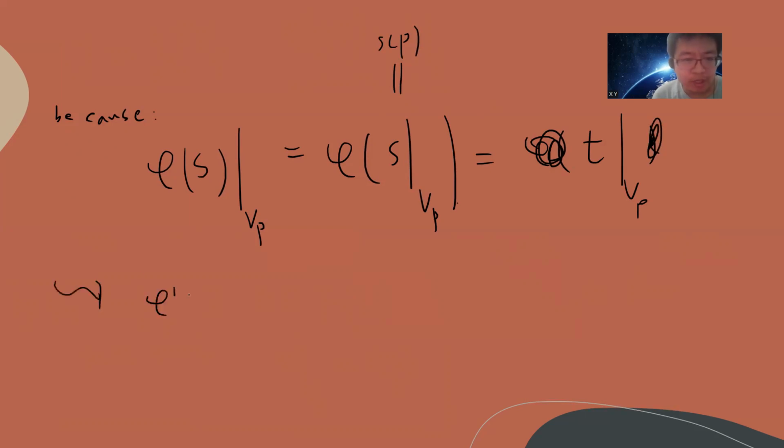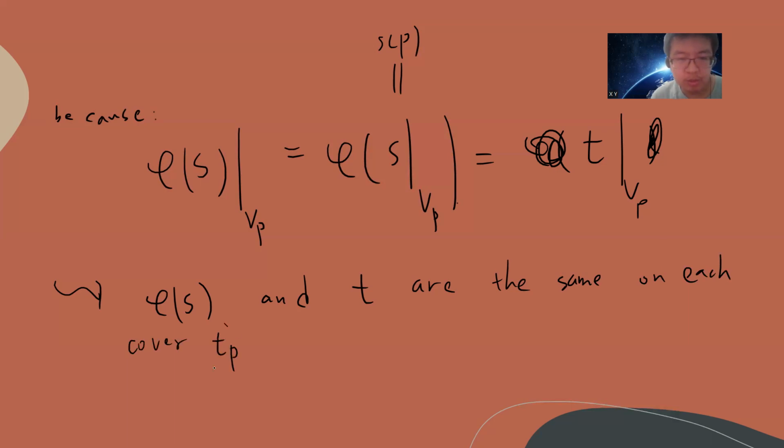So this tells you that phi of S and T are the same on each open set V_P, because their restrictions to V_P are the same on each open set V_P.